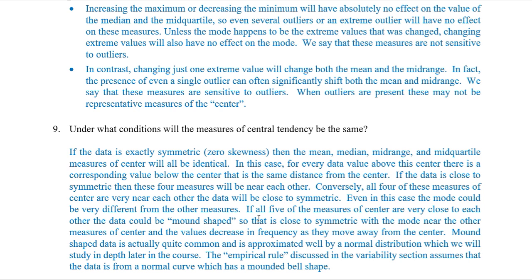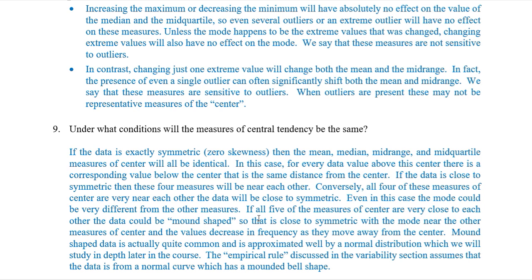Now even in the case where it was perfectly symmetric, the mode could still be very different from one of the other measures. Maybe it's bimodal, even if it's perfectly symmetric, with something way out left of the other measures of central tendency matched by a point way out to the right, the same distance.